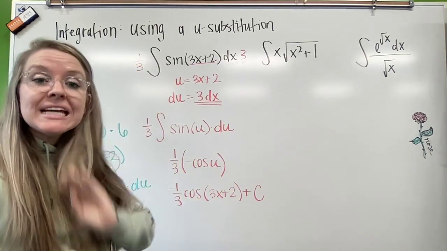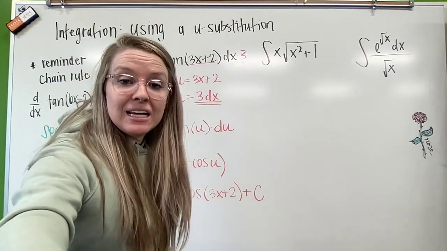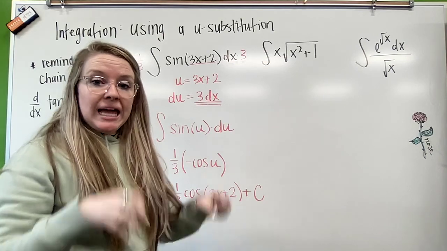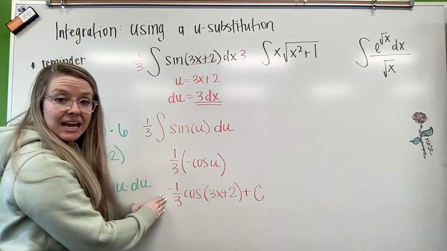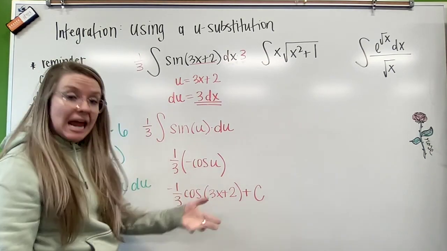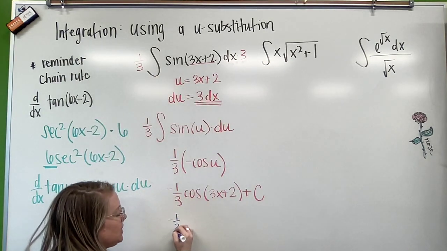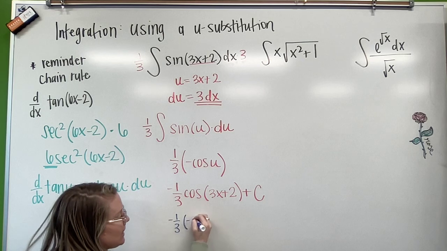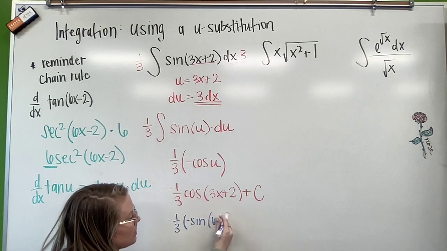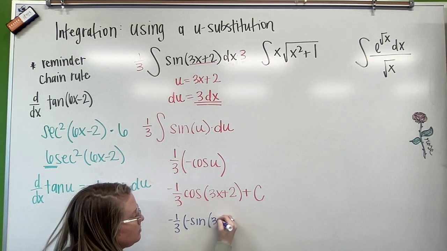Okay, the cool thing is these have a built-in checking system. Have I properly taken the antiderivative? Well, go ahead and take the derivative. So I've got my negative 1/3 as a constant. The derivative of cosine is negative sine. Keep the inside.